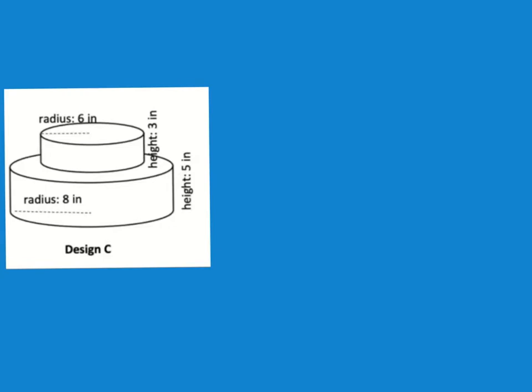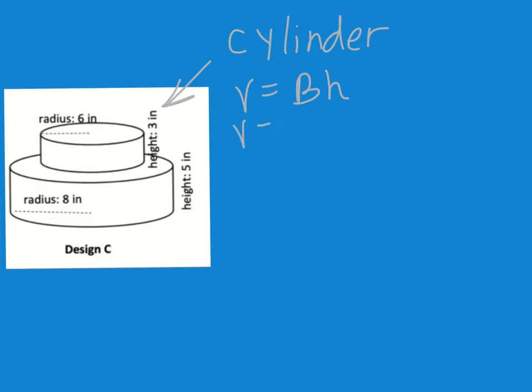And then the last shape, they're both cylinders for both the top and the bottom of the cake design. So we are going to use the same formula twice. To find the volume of a cylinder, remember it's the area of the base times the height. And the base is a circle, which is pi r squared. So we do the area of the base times the height. So let's look at the top.